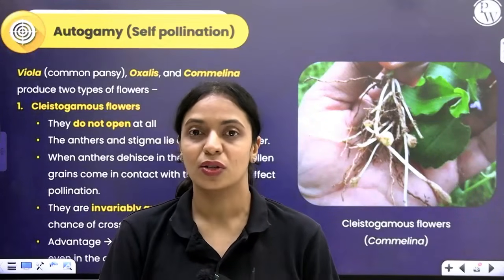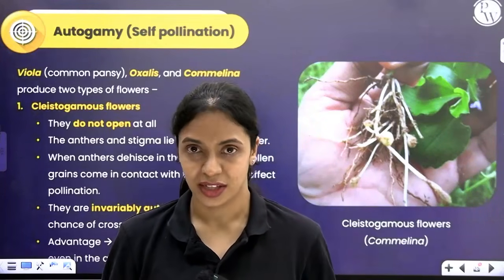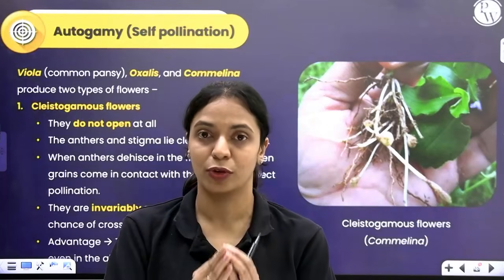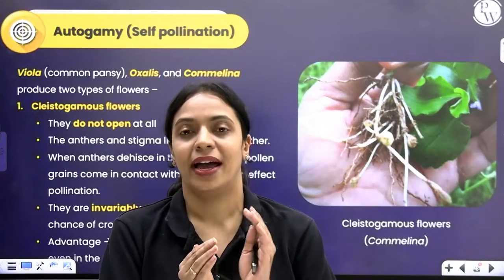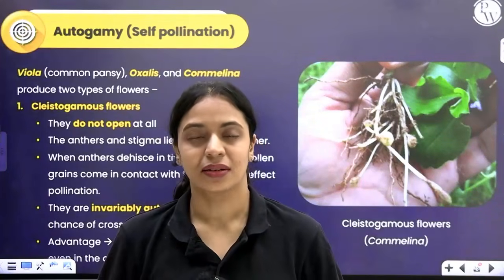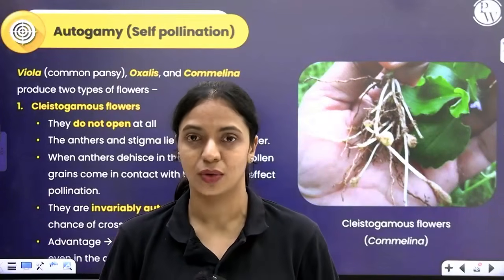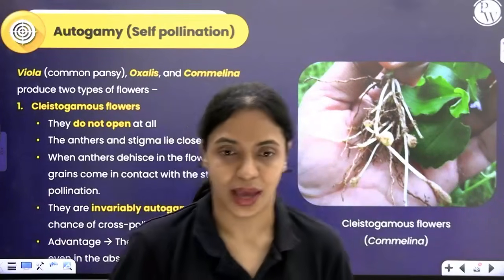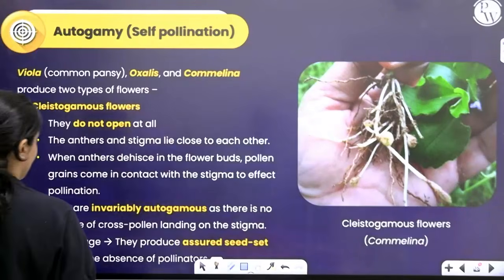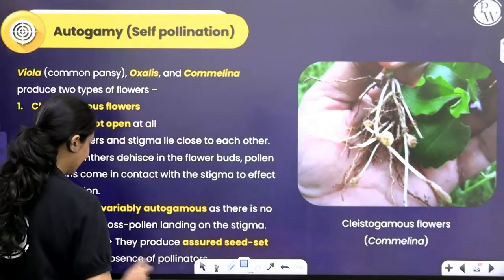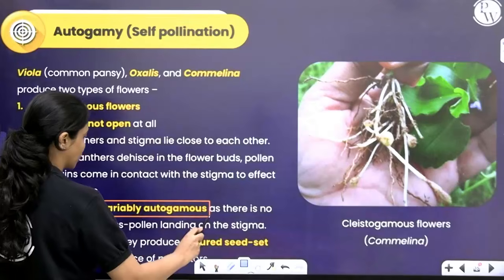Since they are always closed, the anther and stigma are not exposed. Inside the floral bud, you have stamen and the stigma very close to each other. It always undergoes self-pollination or autogamy, okay? And that is why we say they are invariably autogamous, 100% of the time autogamous.